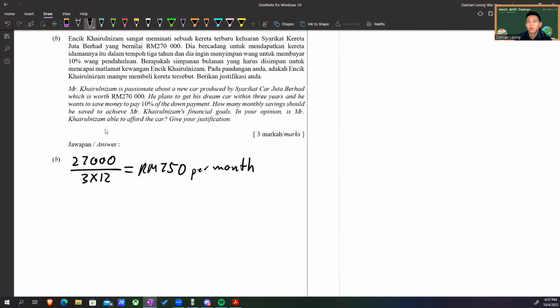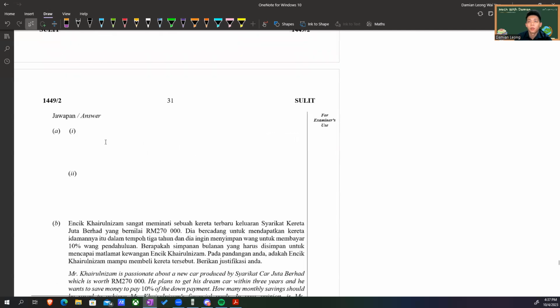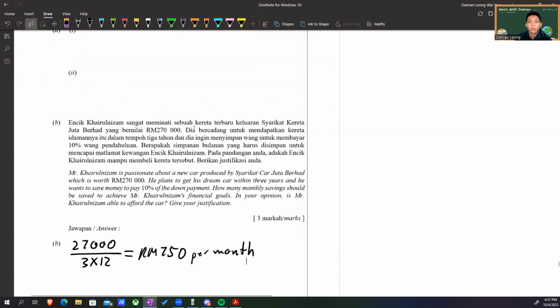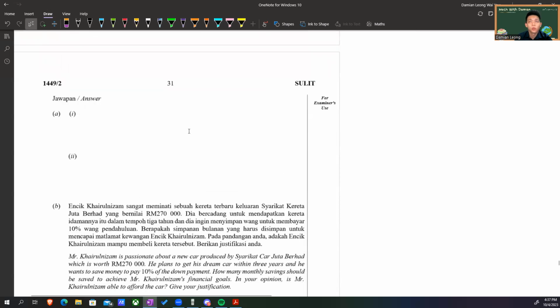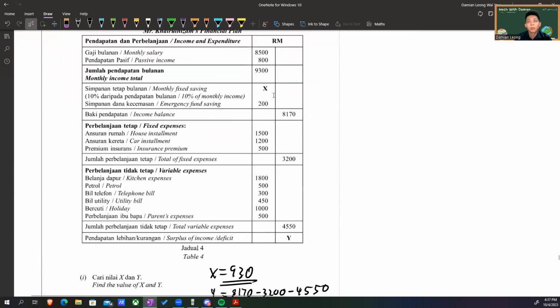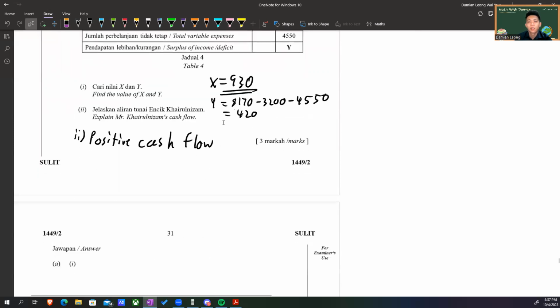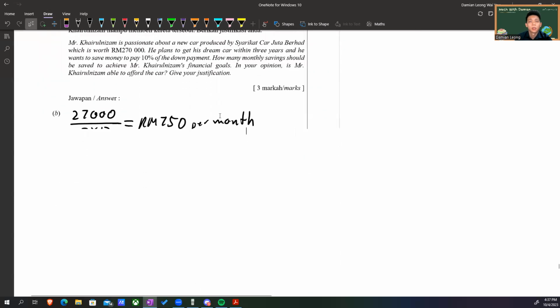So, in your opinion, is he able to afford the car? So you can see 10% of the monthly income, the monthly fixed savings is 930, the X. Yeah.